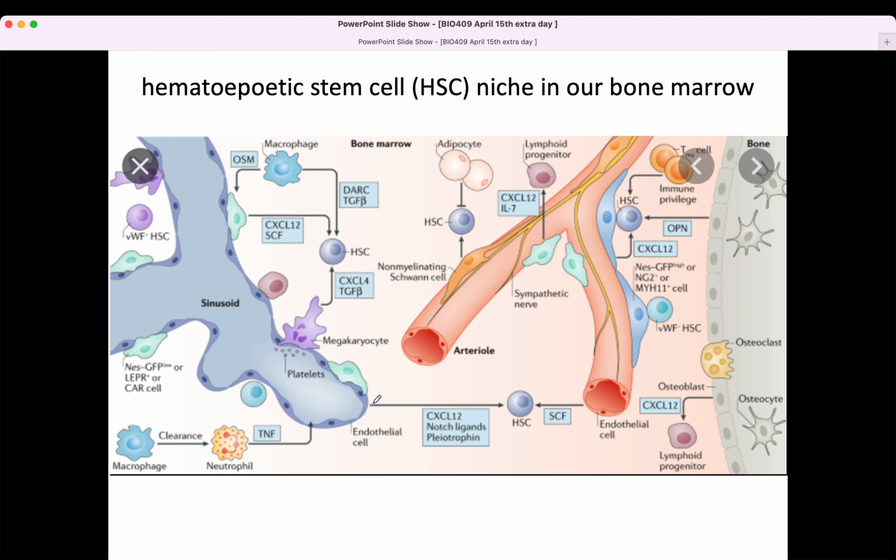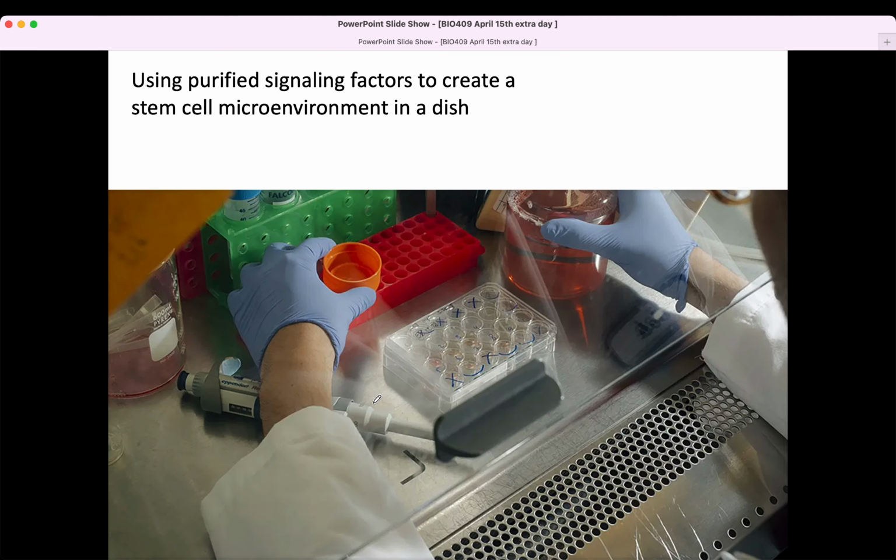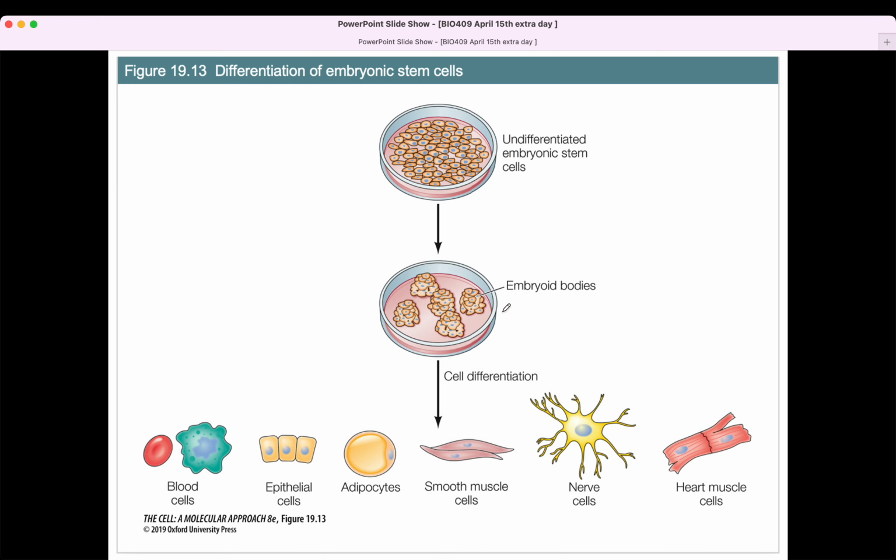And you can see it gets complicated with a bunch of different signaling pathways, signal transduction pathways and signals to help guide the ongoing development in that. Okay? And like I said, I just made a slide like this where scientists could use those purified factors to recreate that bone marrow microenvironment in a dish, just to maintain those stem cells in a dish and grow them and then study them.